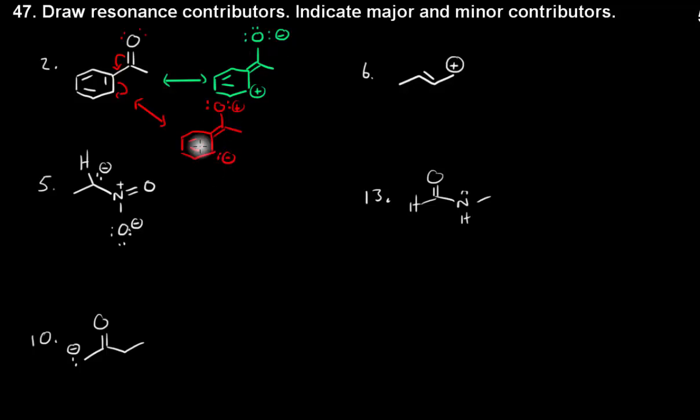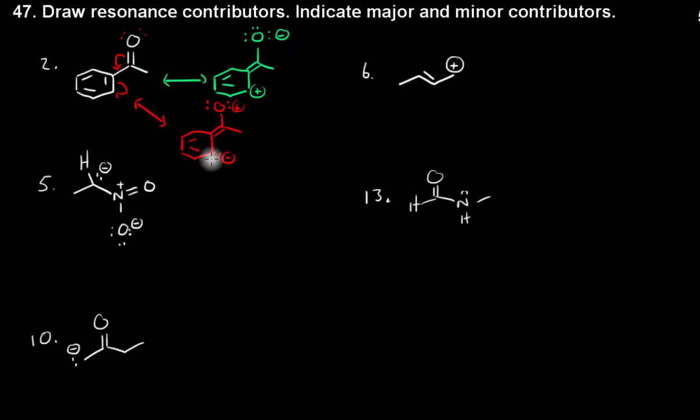So between these two resonance forms, the one on the top is actually going to be the more stable resonance contributor, simply because thinking about electronegativity and the ability of an atom to hold electrons in its valence, what we have is this oxygen, which is way more electronegative than the carbon, and so the oxygen is going to be better suited at holding that extra lone pair, versus this carbon, less electronegative, less suited to hold that lone pair.